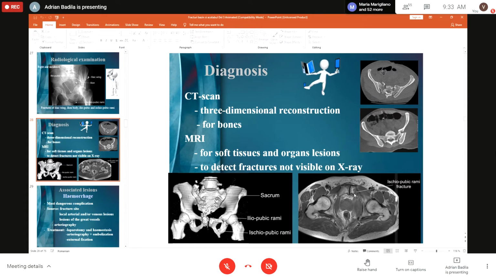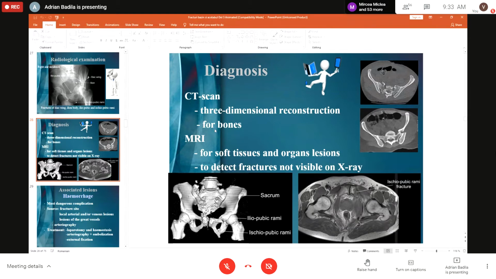This is a patient with normal X-ray view. It has pain at the level of the inguinal region, and when we perform an MRI of the pelvis, here we can see an undisplaced fracture of the left ischiopubic rami.